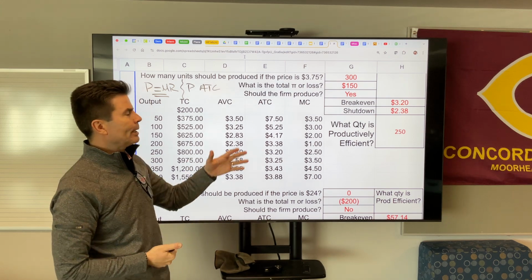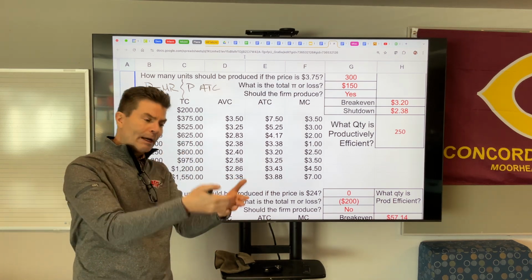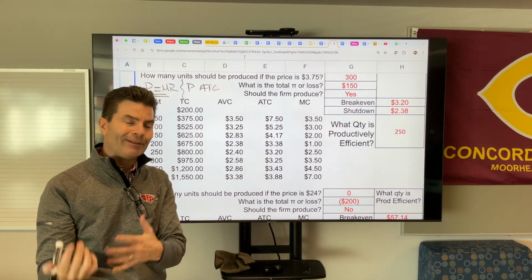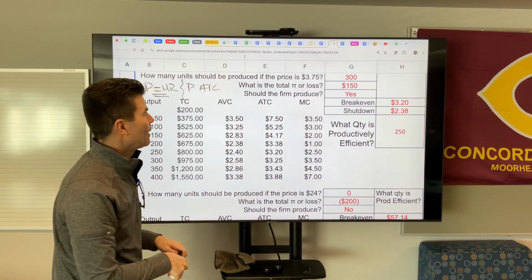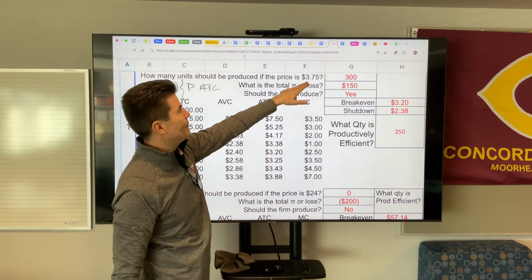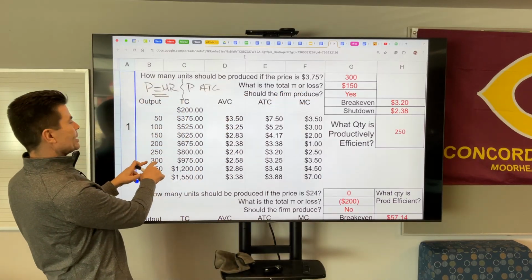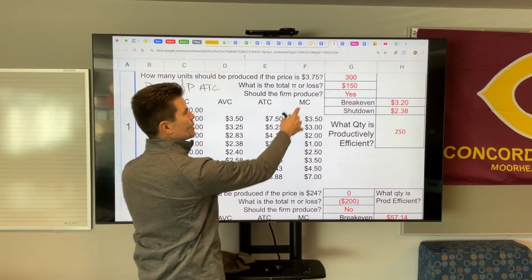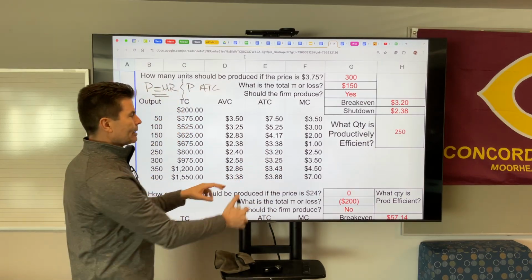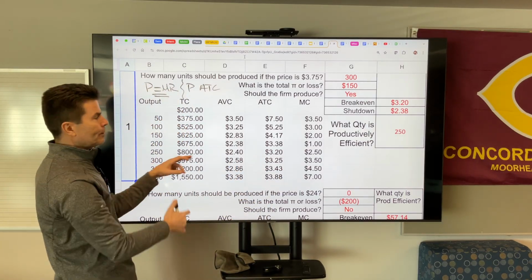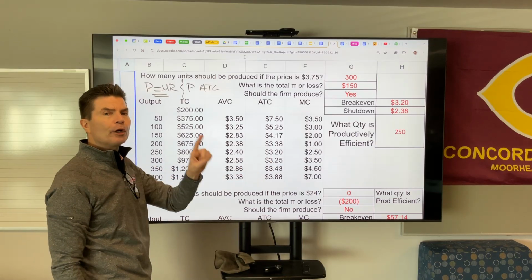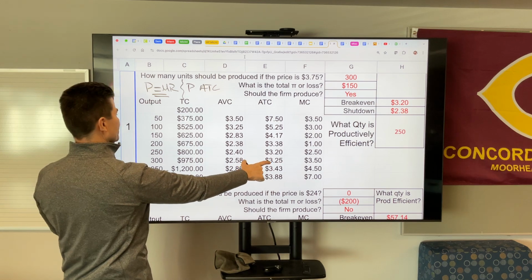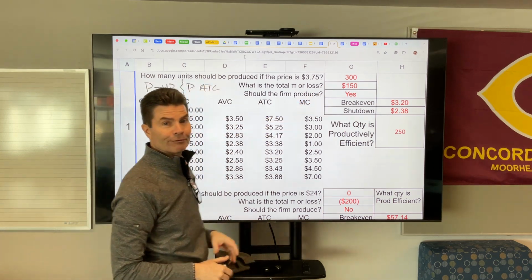So I should compare how much revenue I get on average for a unit to how much it costs me per unit, and the cost per unit is your ATC. At a quantity of 300, my ATC is $3.25. The difference between these two is 50 cents. Take 50 cents times your overall quantity, because it's 50 cents of profit per unit, but it asks for the total profit or loss. So it's 50 cents times 300, which is why you get $150.